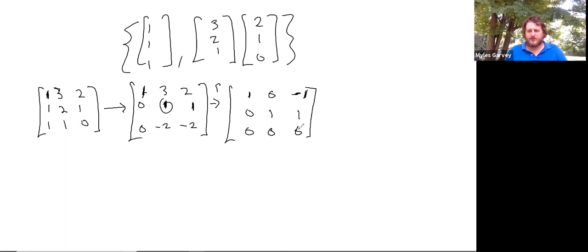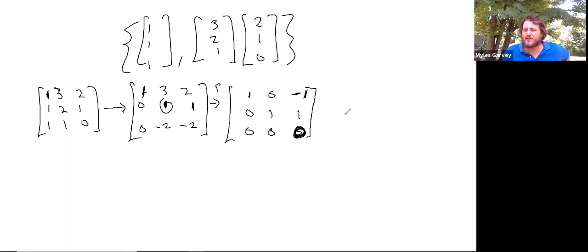Now you'll notice that I don't have a 1 here, and that's fairly problematic. Okay, what does this tell us? This tells us that I'm not able to get this column to look like this, basically.